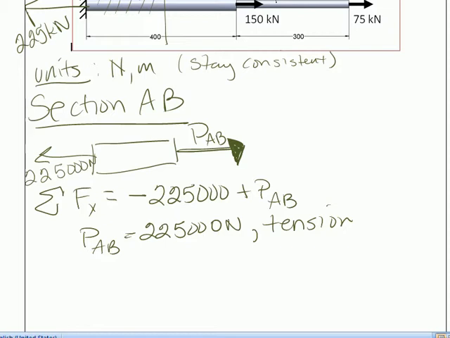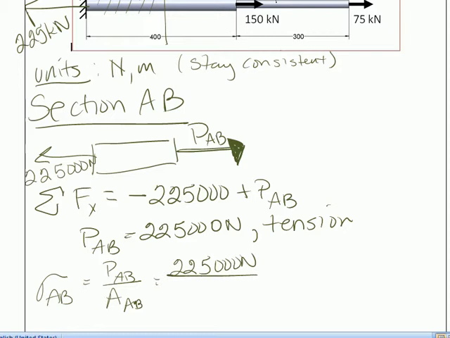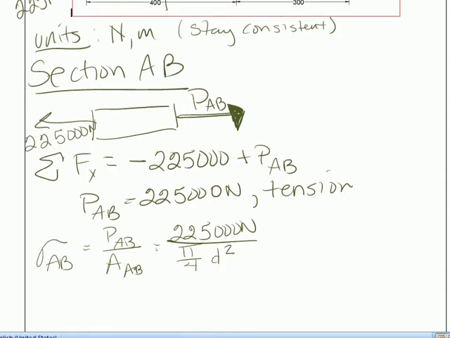So, in order to get the stress within section AB, we need the load, our internal force within section AB, and the area of section AB. We know that our load is 225,000, and our area, pi over 4 times the diameter squared.